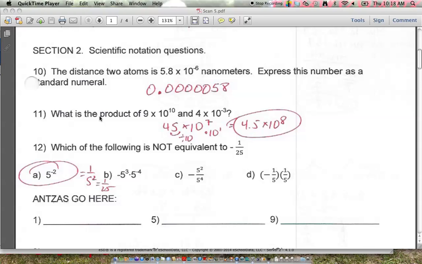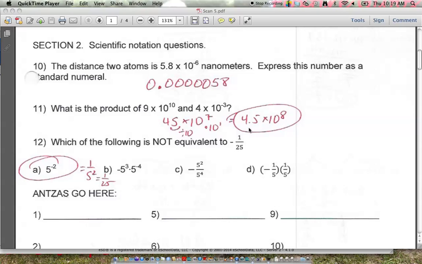No. Oh, you know what? Oh, I'm an idiot. I thought it was 9 times 5. Number 11 should be 3.6. Okay? Yeah, number 11 should be 3.6. The exponent all works out to be the same.